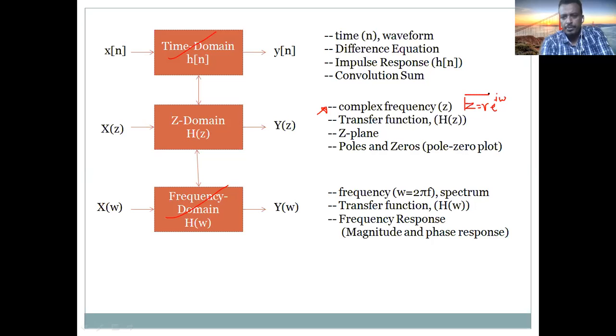That variable, we call it Z, a complex frequency variable Z. So signals here, input signal X of Z and output signal Y of Z, are functions of a variable called Z.